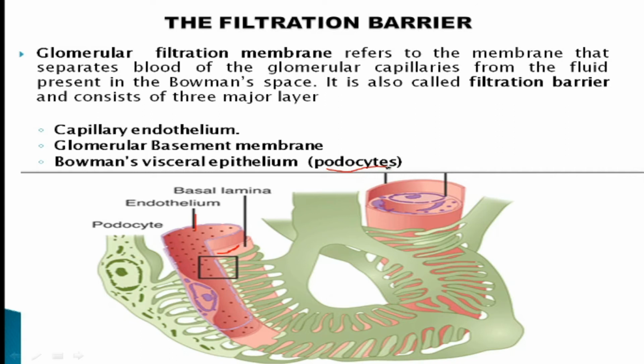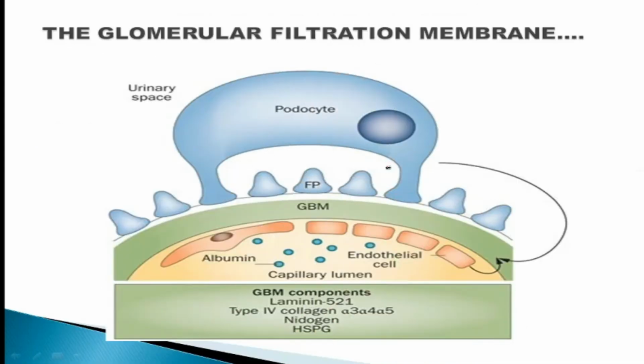So just primarily to remember, the filtration barrier has three important layers. First of all, we'll be talking about the glomerular filtration membrane, which is the endothelial layer. Again, here is just a simple diagram to explain how these three layers are formed. You can see a podocyte over here, which is a specialized cell of the Bowman's visceral epithelium, and this podocyte has finger-like projections covering the glomerular capillary.